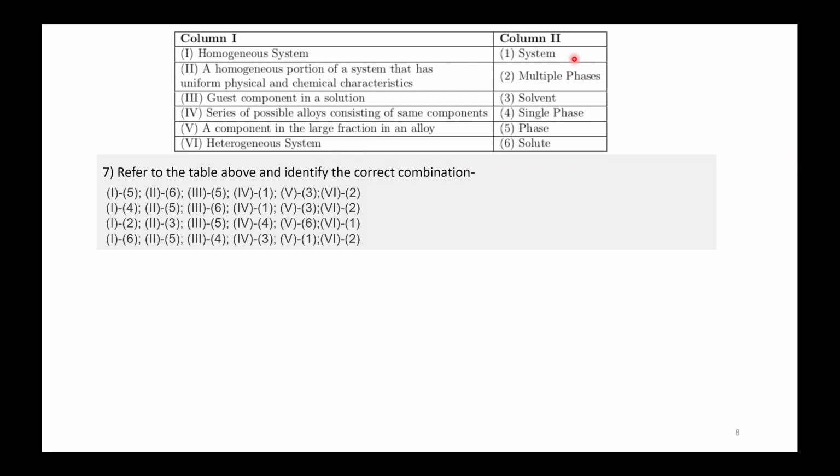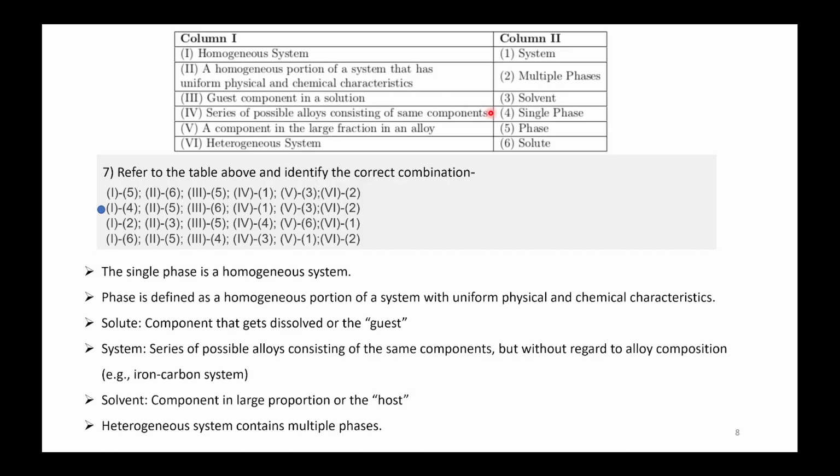Column 2 has system, multiple phases, solvent, single phase, solute. For these types of questions also you should know the definitions of these particular terminologies related to phase diagrams. So the answer will be your second answer.